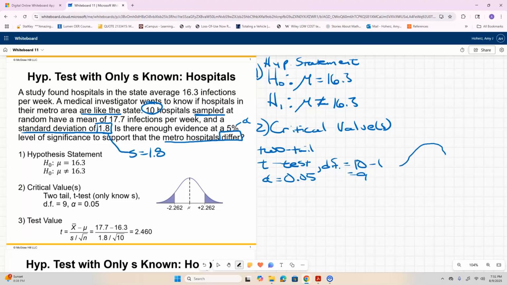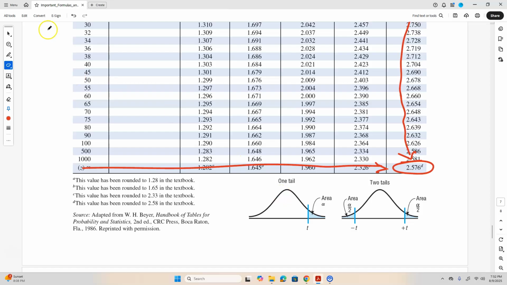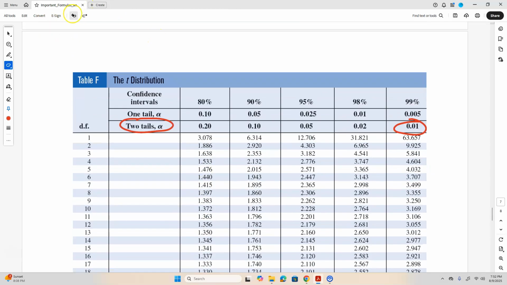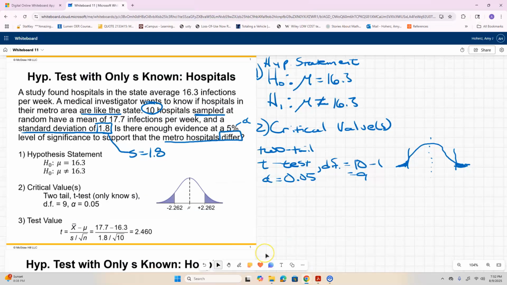Here's our little picture where we care about both tails because it's 2 tail. And so we're going to be getting an upper value and a lower value. And let's go to our chart. So we have a 2 tail test at, what was it?